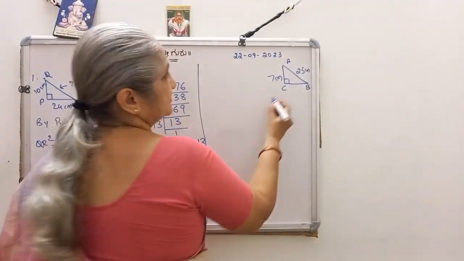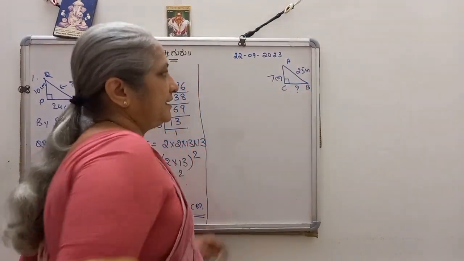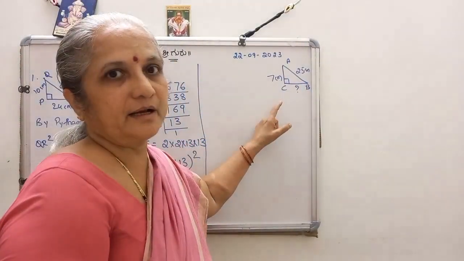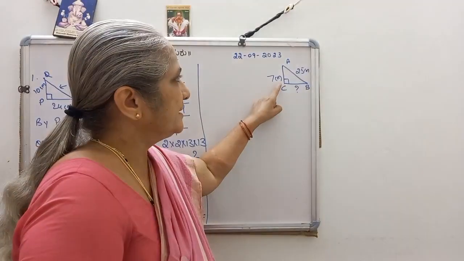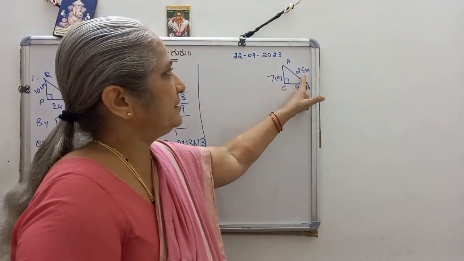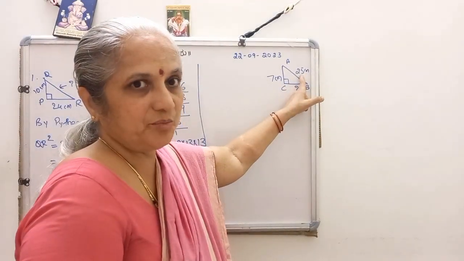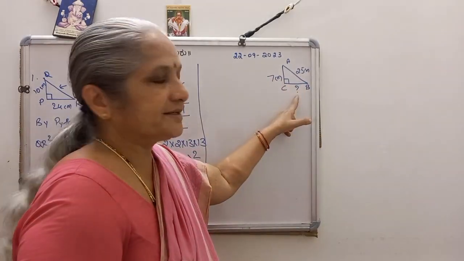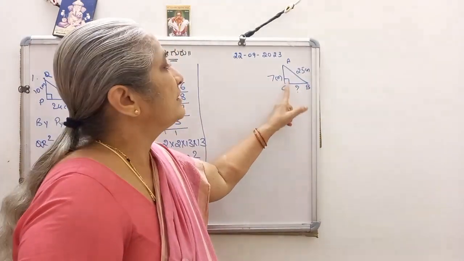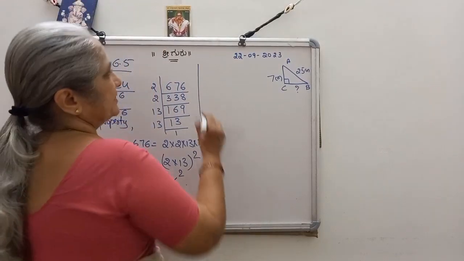Find BC. Here ABC is a right angle triangle right angled at C. The side opposite to the right angle is called hypotenuse, and the other two sides, or heights we can say, are called legs, by Pythagoras theorem.